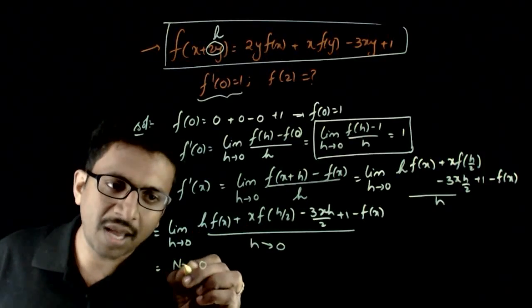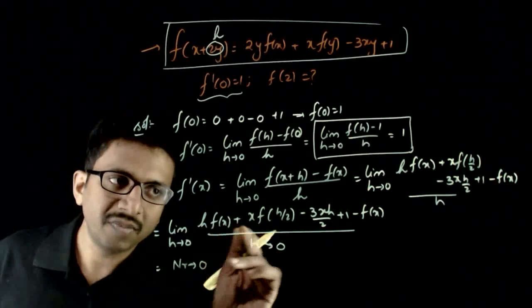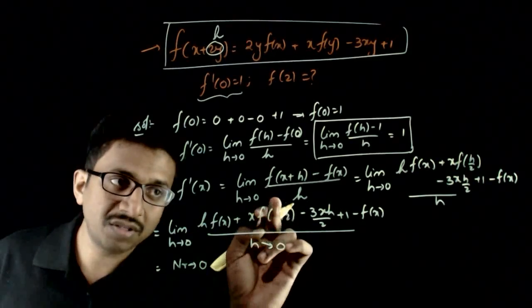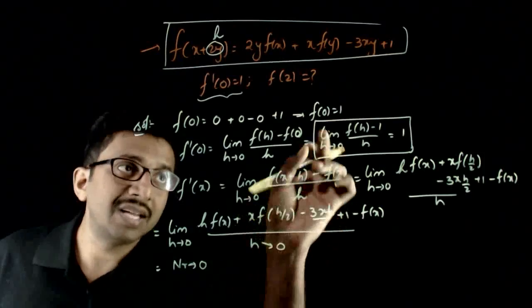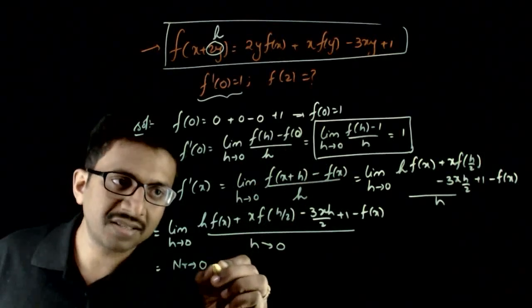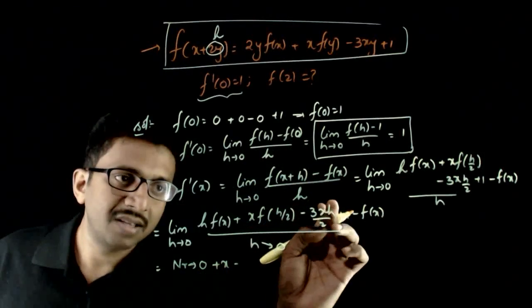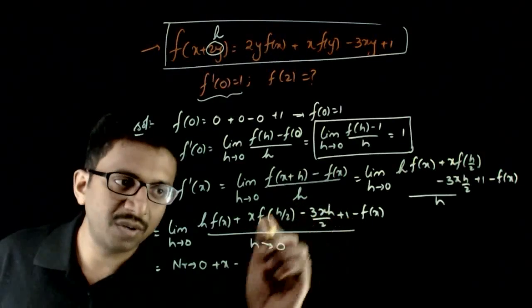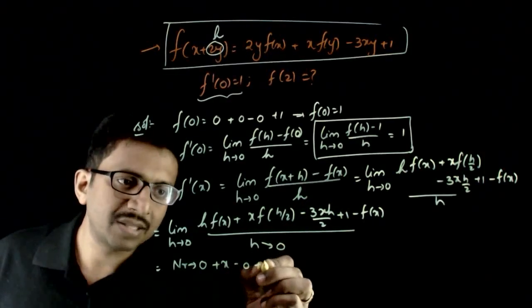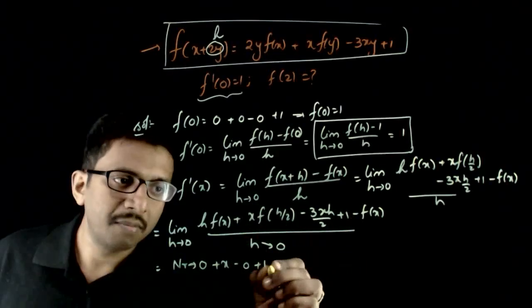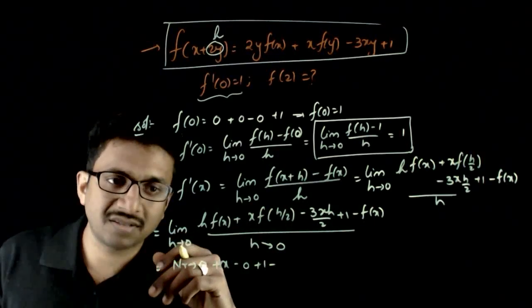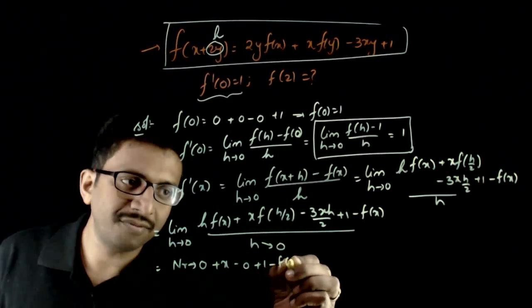I am interested in the numerator being 0. If you put h is equal to 0, f of 0 is nothing but 1. So this becomes x, minus h is 0 so 3x h by 2 is 0, plus 1 minus f of x.